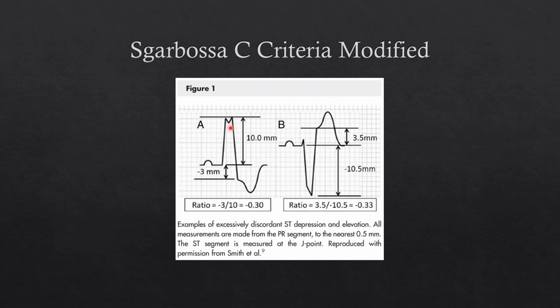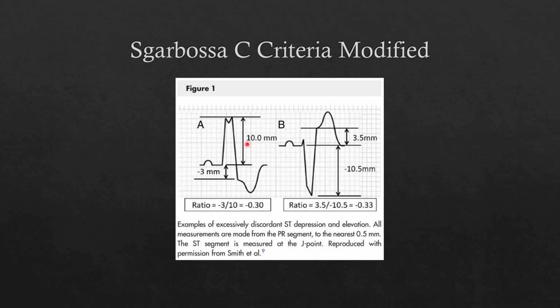What they did is, rather than using overall millimeters, they used a ratio, which just seems to be a commonality when we look at ECGs, right? It's all a ratio to itself. So rather than looking at overall 5 millimeters, if the ST change that is going with the T wave, which is what we would expect, is greater than 25% of the depth or height of the QRS complex, that is excessively discordant and is diagnostic for acute MI.